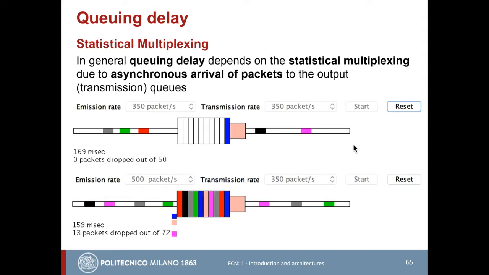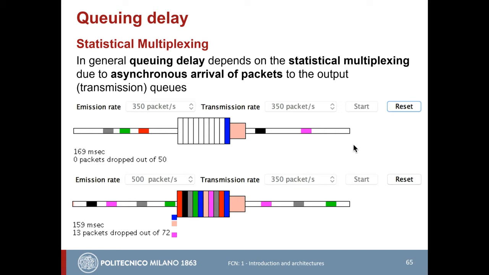And if this is true on average, so on average the arrival rate of the packets is larger than the transmission rate at the output, sooner or later the queue will get full, regardless of its size.